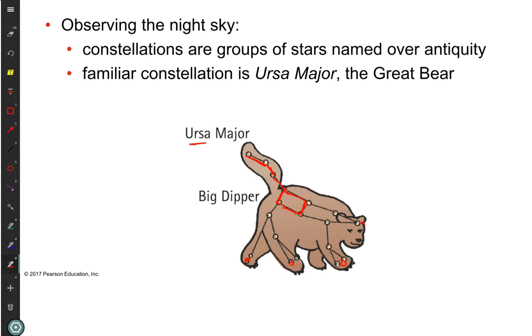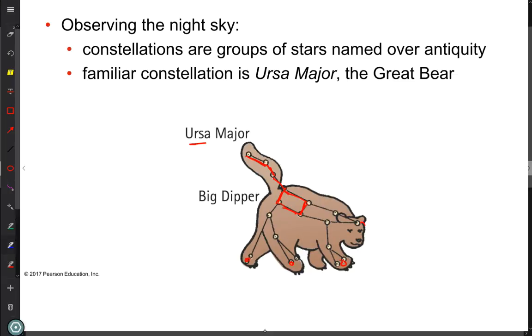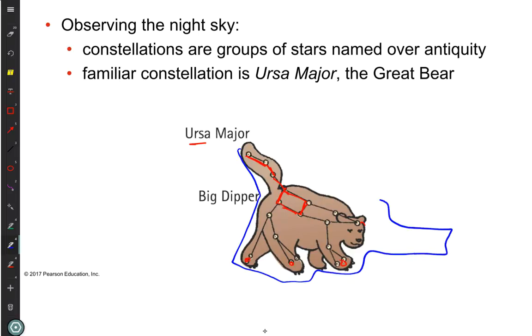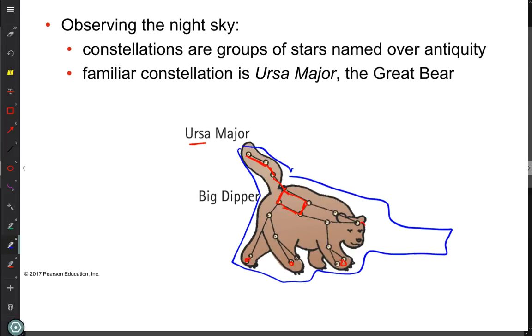Today, scientists have made constellations much less exciting. Today, constellations are areas in the sky. So this picture of the bear is now a fanciful picture that goes with an area that shapes something like that. It's deformed.